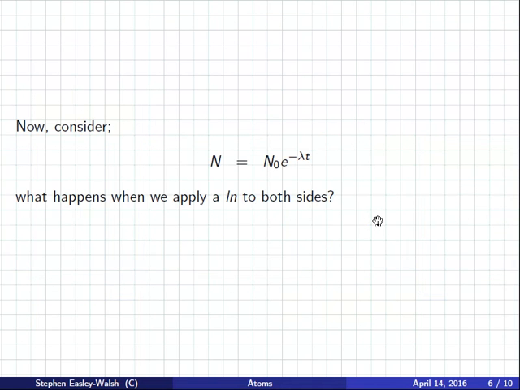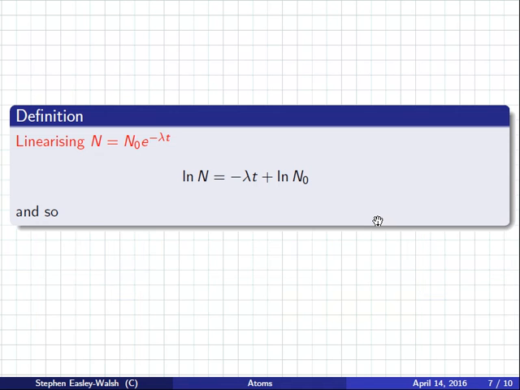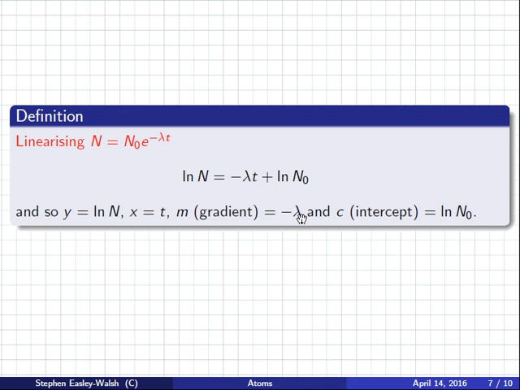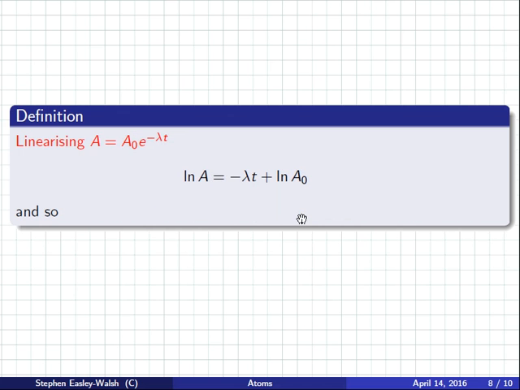So we did the proof of this and we ended up with this result. We have the gradient is minus lambda and the intercept is log n0, but that's the proof I asked you to write down, so you should have that. But what's interesting is the same logic applies when you're plotting the activity. If you plot log activity, you get the exact same result, that the gradient is minus lambda.